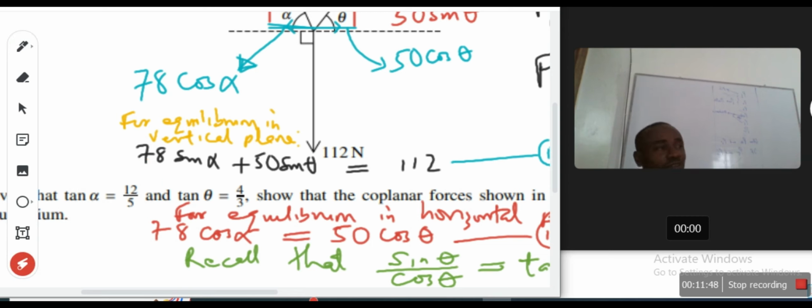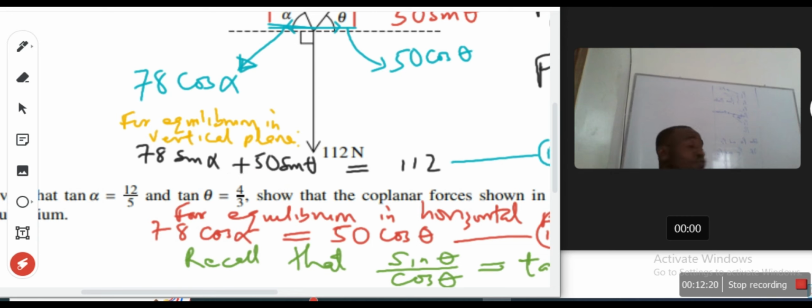What's tan inverse of 12 over 5 for alpha? 67.3. By the time you start applying that in subsequent work, your final answer will be drifting away. It's not that you won't get an answer close to what is in the marking scheme, but it's advisable to leave it in these fractions as given. Do you understand what I'm saying?